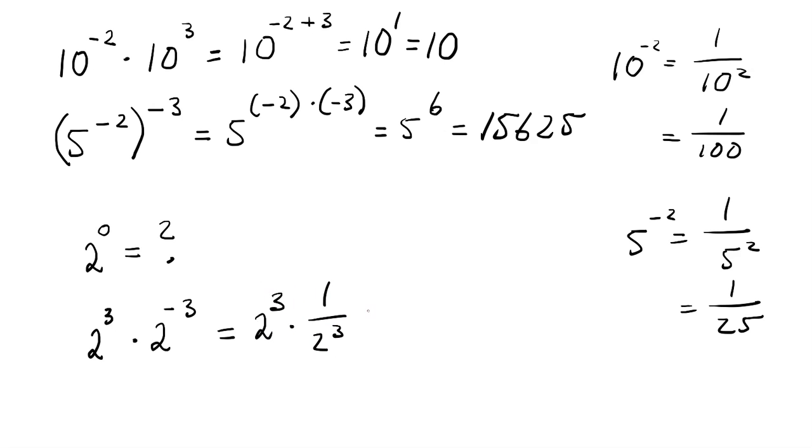And we see that this must equal 1. So on the one hand this must equal 1. On the other hand, we can use this rule since they have the same base, so we can add the exponents. So this must be 3 plus minus 3, or 3 minus 3. So this is equal to 2 raised to the power of 0. So here we see that 2 raised to the power of 0 must be equal to 1. So if we want this to be consistent with the rules, then we need to define this as 1.